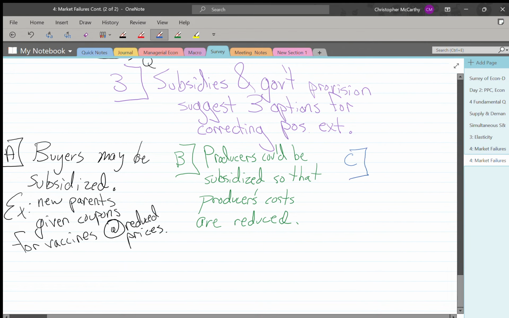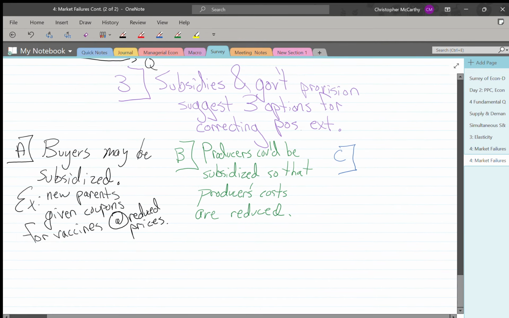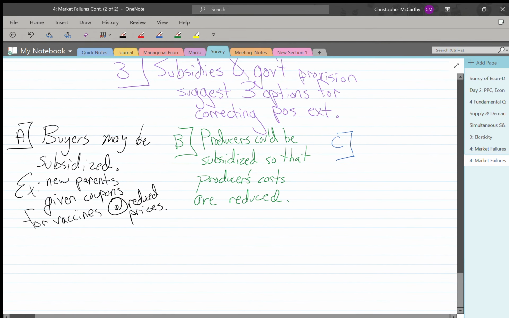And the last one, which is what ended up happening, but it wasn't enough, is the government can provide the product as a public good. They should do this when the spillover benefits are extremely large.